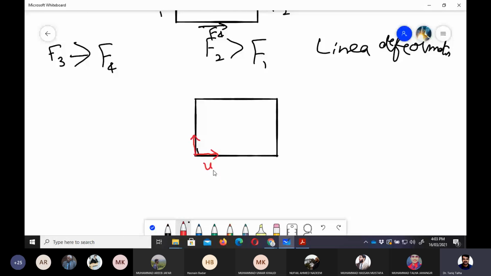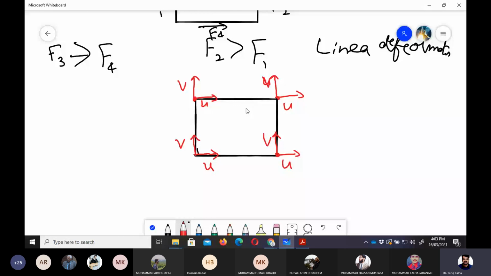If at all the vertices, at all the points inside this fluid element, we have the same velocities u, v, u, v, then there would be some kind of translation or linear motion of this object. So there wouldn't be any deformation.